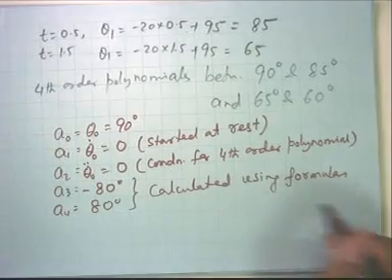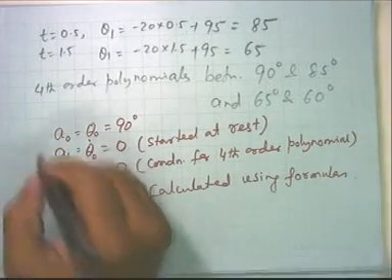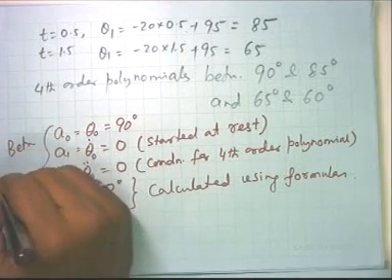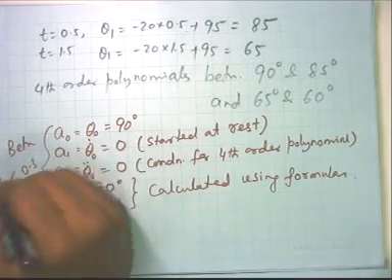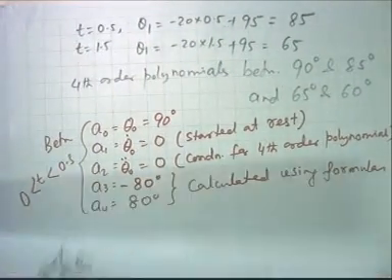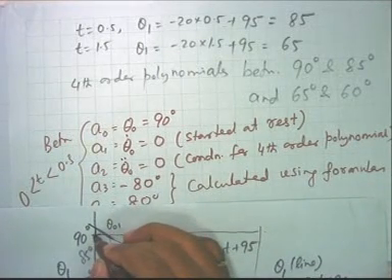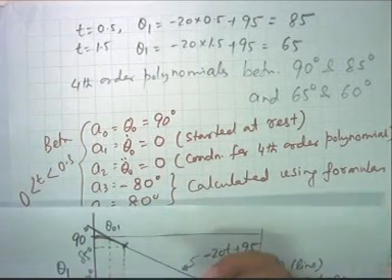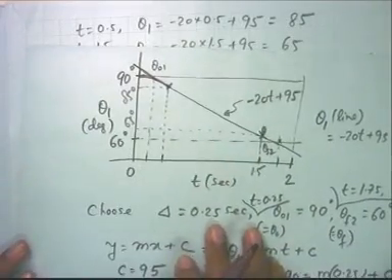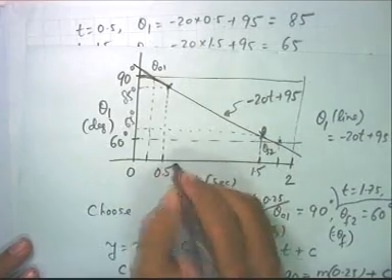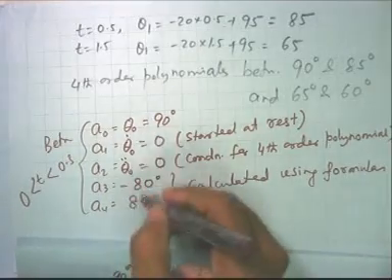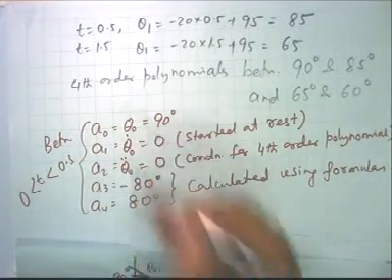So, this is between t equal to 0 and 0.5, because this period I have joined as a polynomial. So, between 0 and 0.5 I have got this polynomial.